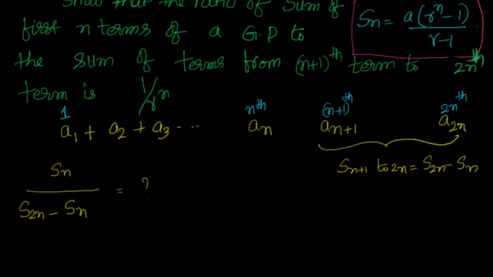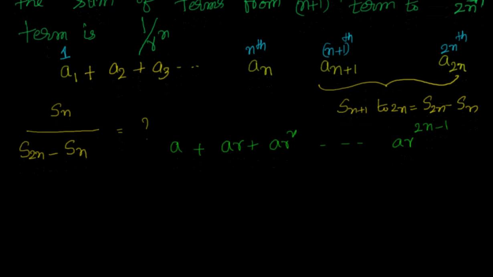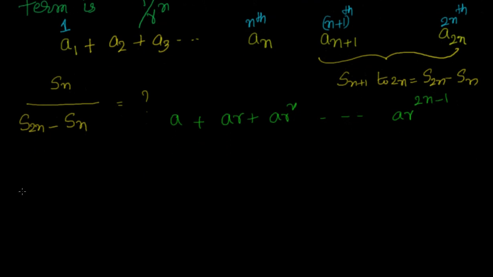Now let us say the geometric progression looks like this: a, ar, ar square, goes till ar to the power of 2n minus 1, because we have 2n terms. Now simply we have to find Sn by S of 2n minus Sn.